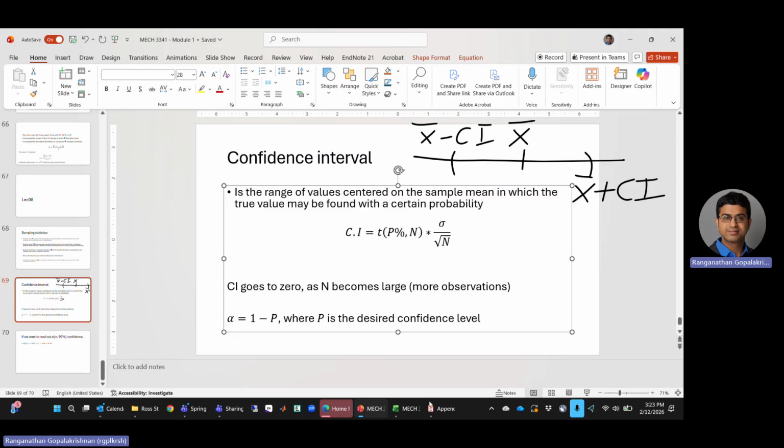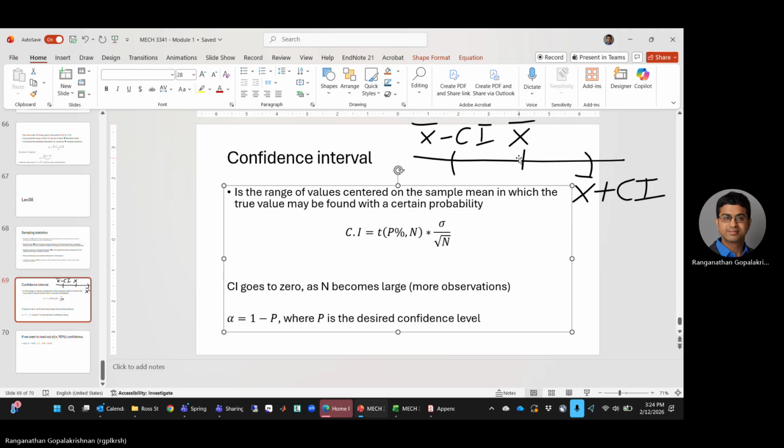So if you look at this line here, the cartoon up here, you have the sample mean and you draw an interval which is x minus CI and x plus CI. This range from x minus CI to x plus CI is what I call the confidence interval. Meaning you have confidence that your true value lies in that interval with a certain chance, not like 100%, but 90, 99 or whatever percent.